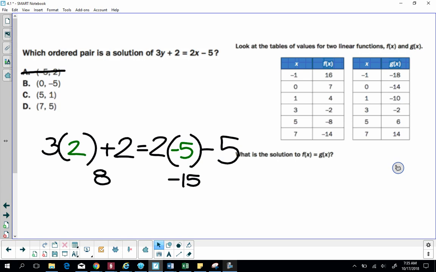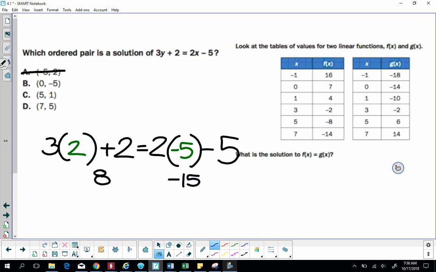So when there's a parenthesis, instead of x or y, put parentheses in place of the number. Anyone find the answer? Raise your hand.